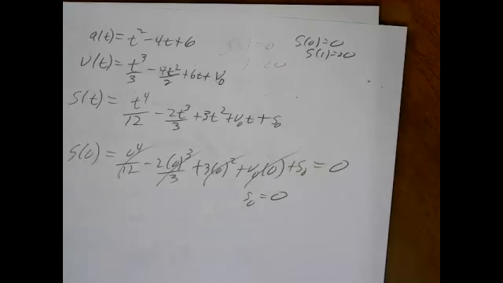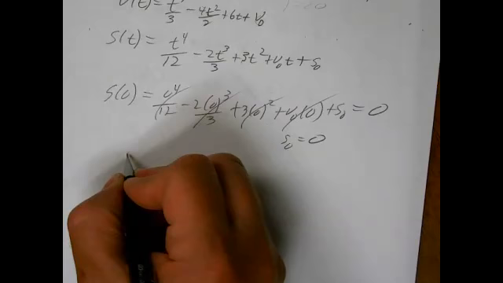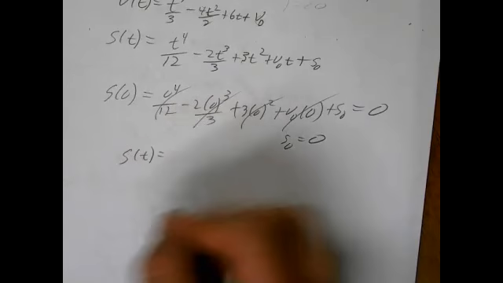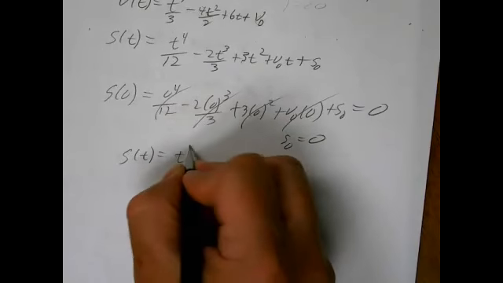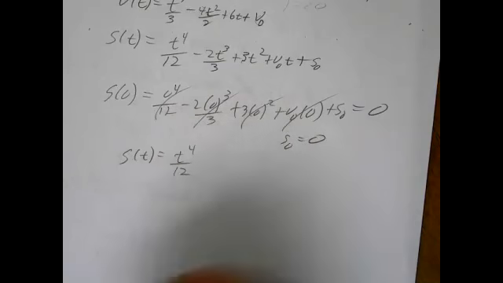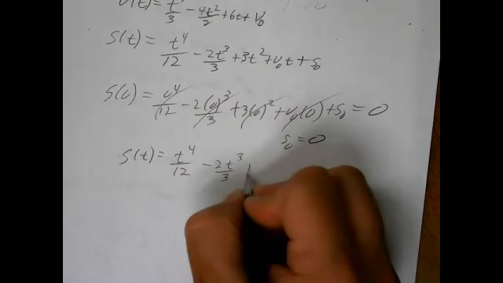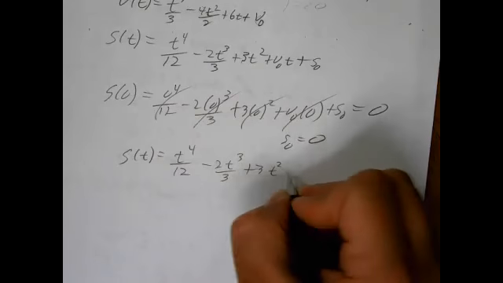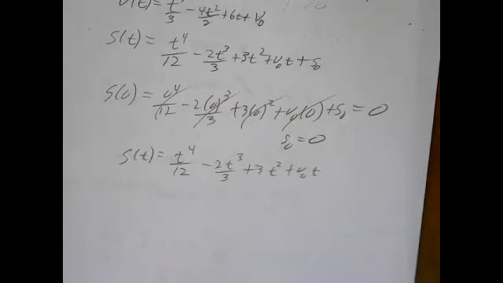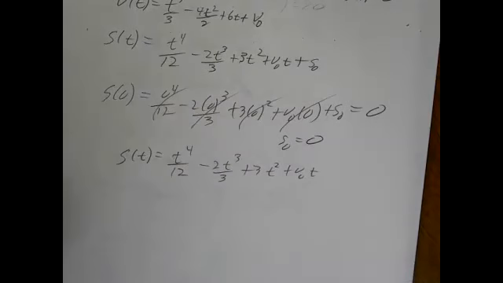So that S naught is your initial position, and it's a 0. So I can revise this. S of t just became t to the 4th over 12 minus 2t cubed over 3 plus 3t squared plus v naught t, and the plus 0, I'm not going to write that down, that's gone.